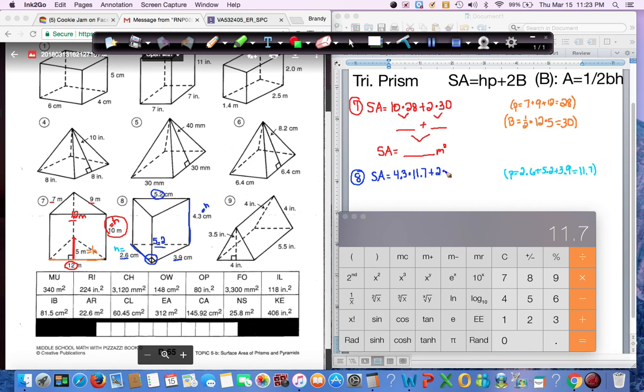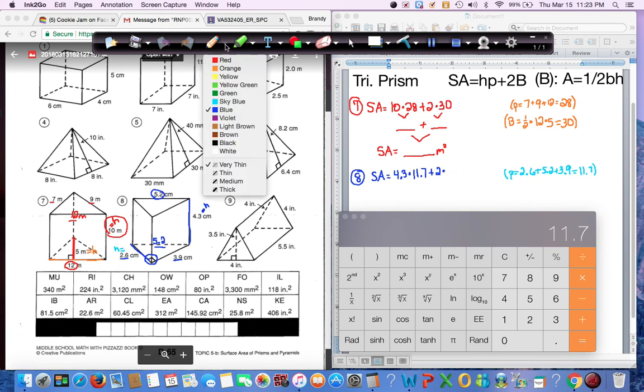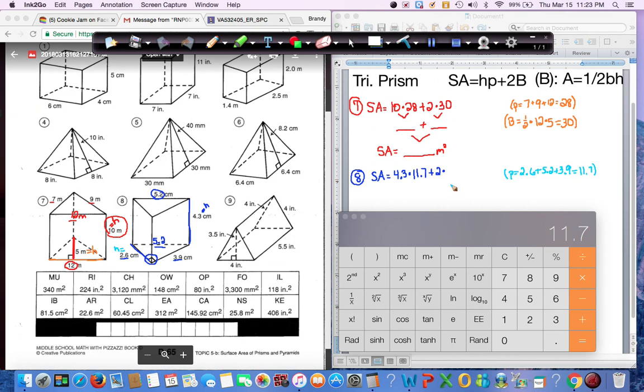We have two bases. So, to find the area of the base, we have to do, put it over here, 1/2 times our base, okay, times our height. So the base of the triangle, sorry, brain stopped working, is this 3.9.